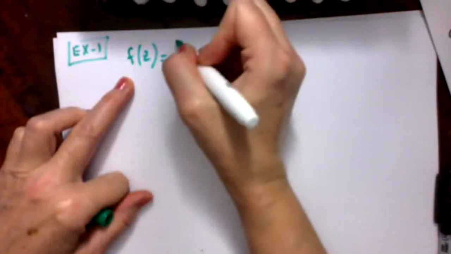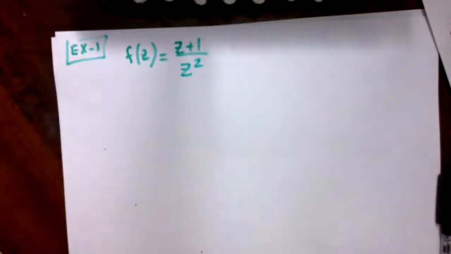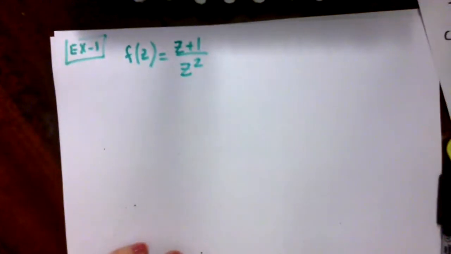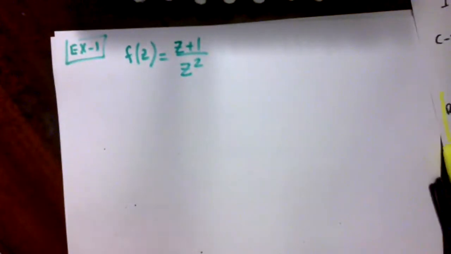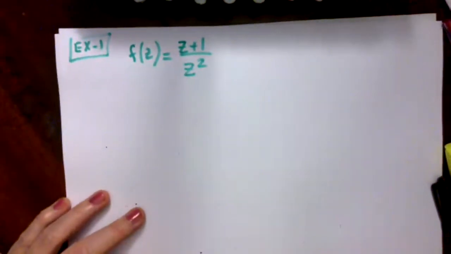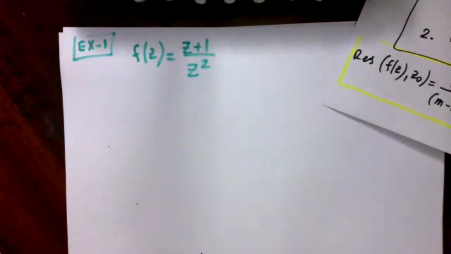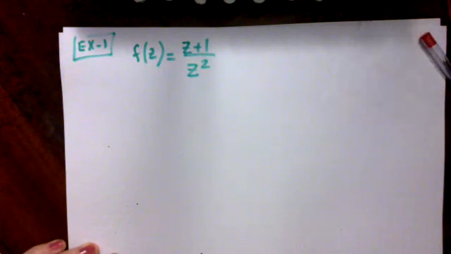The first function will be (z plus 1) divided by z squared. I think we solved this problem last time. So if you are curious, you can watch the previous tutorial once again and compare these two solutions. But now, of course, I'm going to concentrate only on this function, on this method.